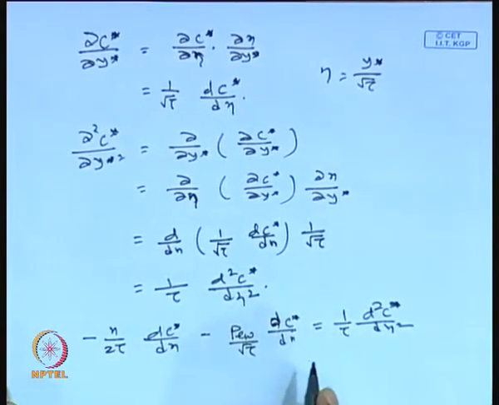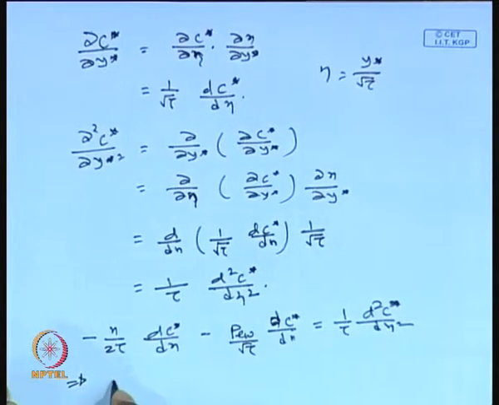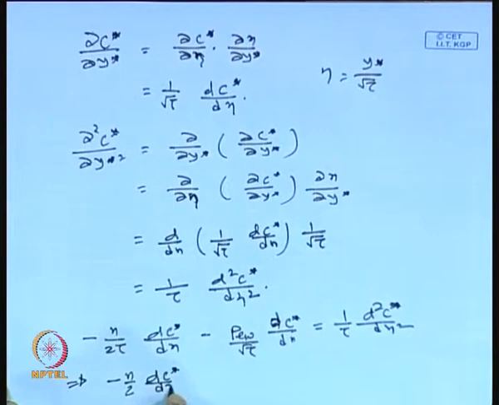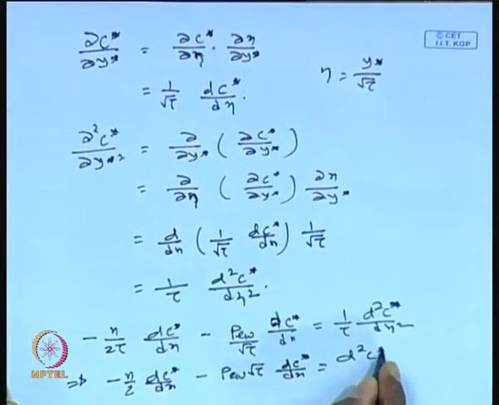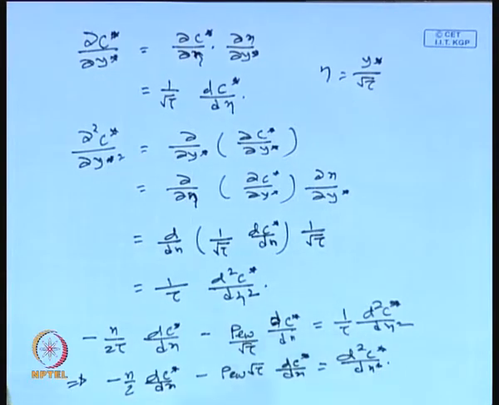So, multiply both sides by τ and let us see what you get. This becomes minus η by 2 dc*/dη minus Pw root over τ dc*/dη is equal to d²c*/dη².